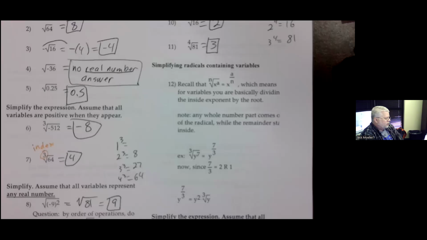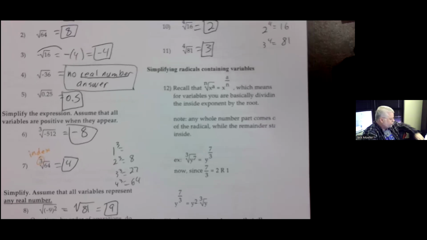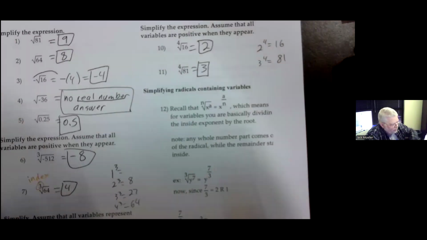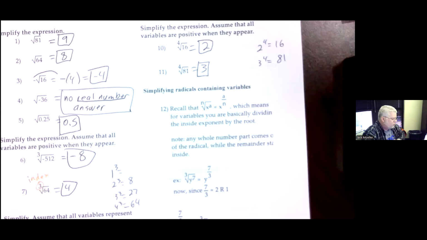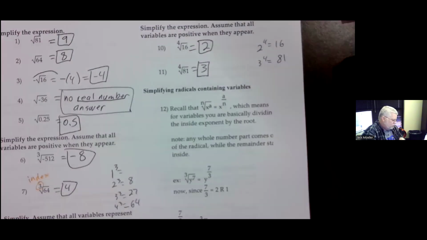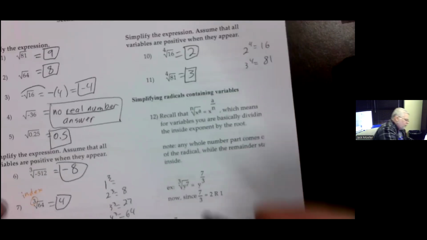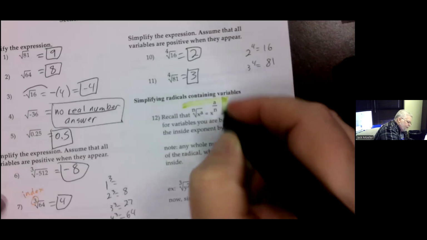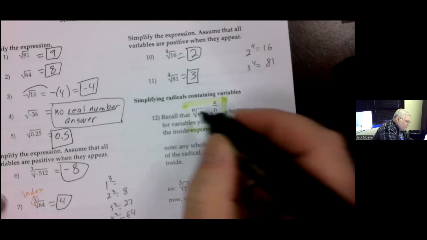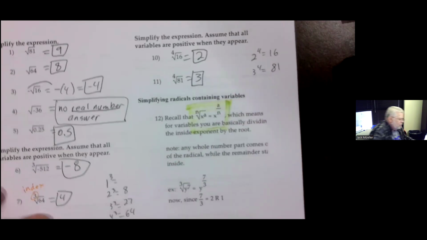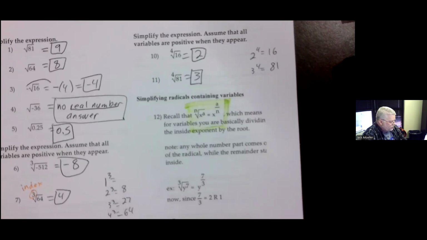And so let's talk about simplifying when they're not perfect squares and when we're simplifying variables. Something that comes up, and we're going to see this again when we get into logarithms, unit 4, is a fairly important definition. We can actually rewrite radicals as fractional exponents.